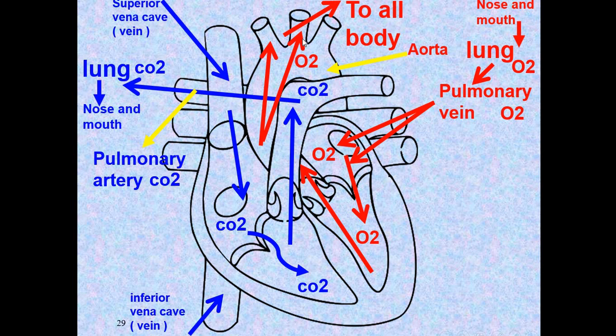This is the blood circulation, or the path of the blood inside our body, okay? As we said before, the heart is a muscular pump. When it is stretched, the right side will fill with the blood rich with carbon dioxide, and the left side will fill with the blood rich with oxygen.